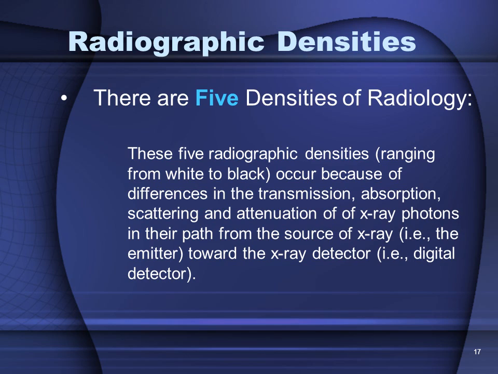And this occurs because of differences in transmission, absorption, scattering, and attenuation of the X-ray photons in their path from the source of the X-ray, the structure or part of the machine that we call the emitter, toward the X-ray detector, such as the digital cassette.